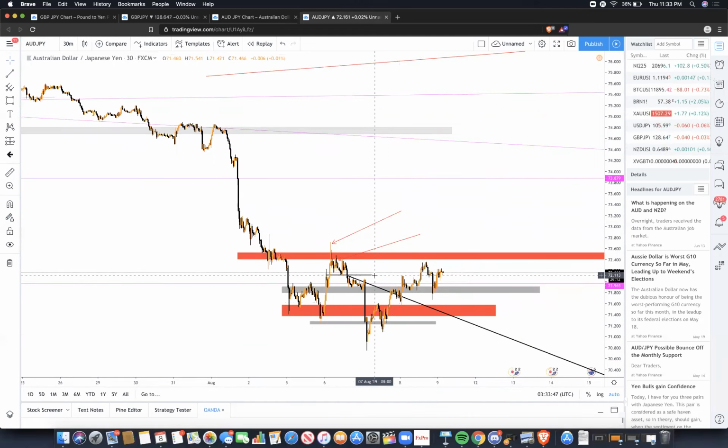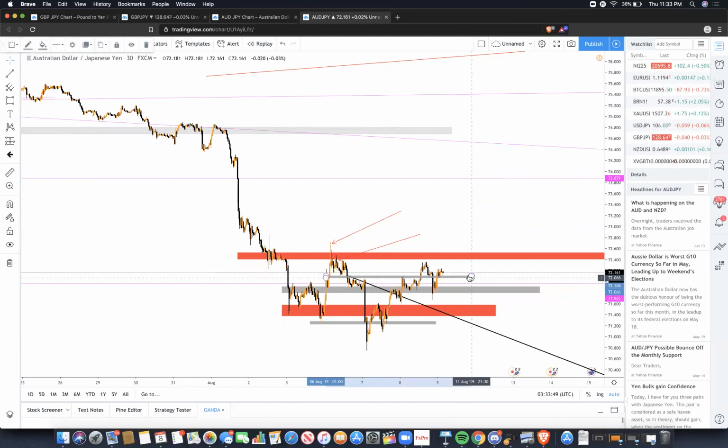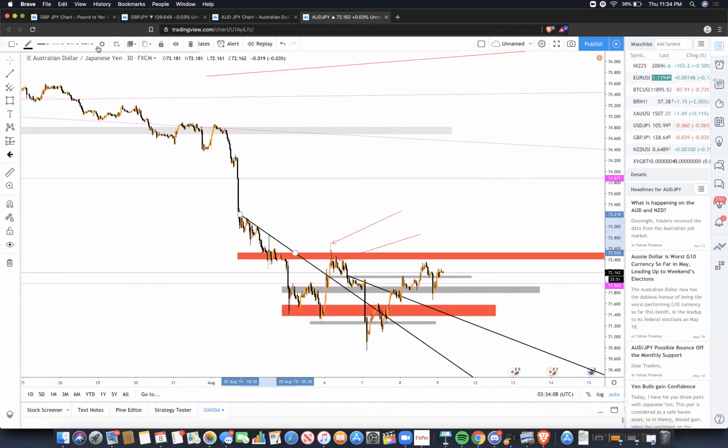Okay? So let's talk about candlestick patterns. Let's talk about everything we've discussed. We've said in regards to if the market drops and it creates lower highs and lower lows, let's say that's a reversal pattern.